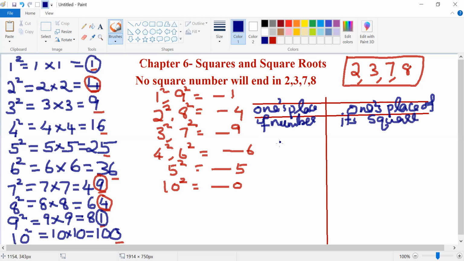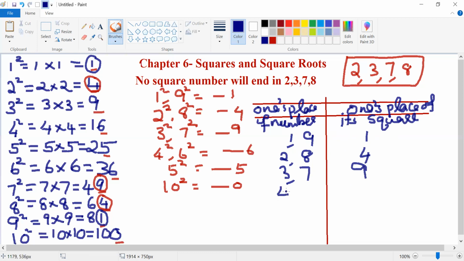So if the ones place of a number is 1 or 9, the ones place of its square is 1. If the ones place is either 2 or 8, the square's ones place is 4. If the ones place of any number is 3 or 7, the ones place of its square is 9.